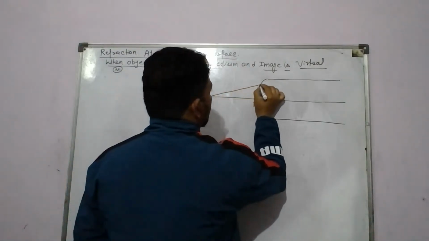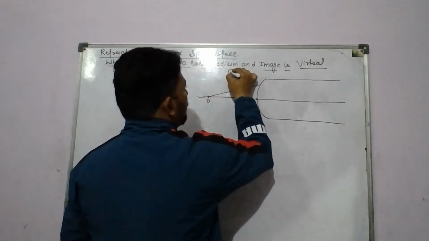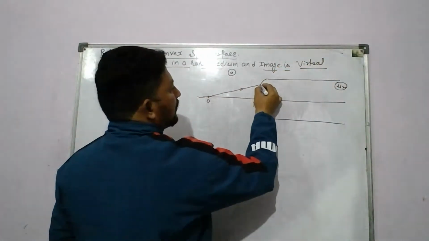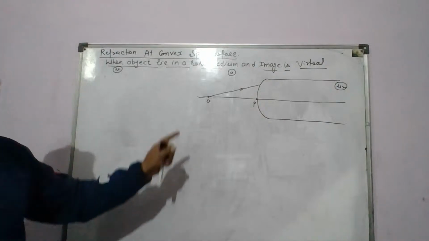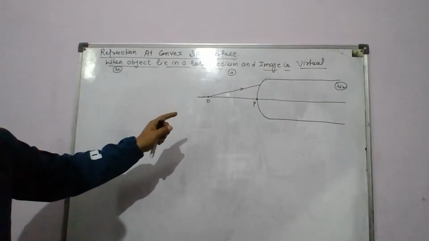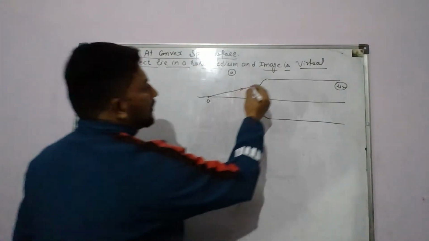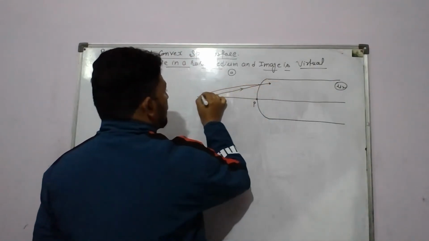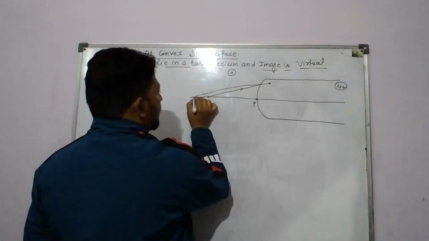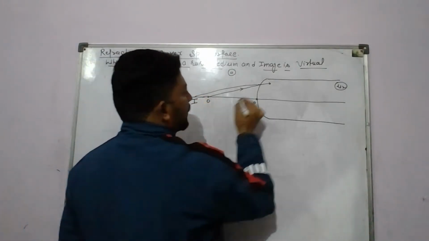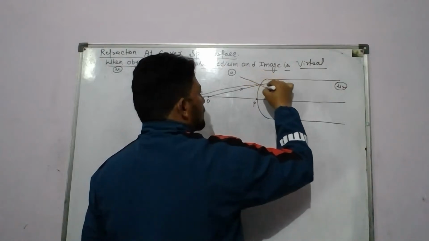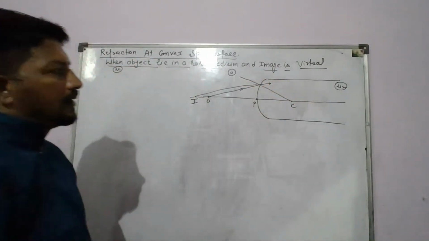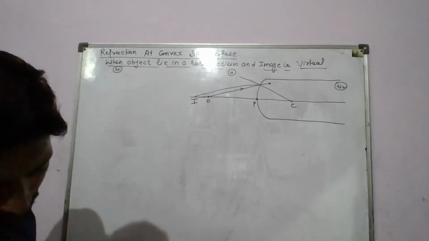So incident ray strikes on the surface, it's your mu1, mu2. So if incident ray strikes on a convex spherical surface, then image is formed on the same side of the object, I, and it's your center of curvature C. Clear? This is the center of curvature.